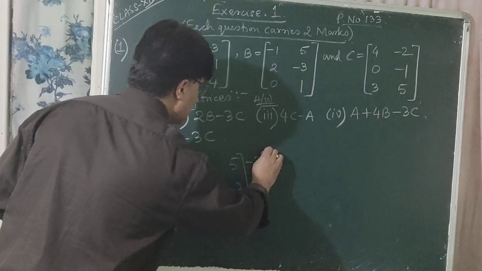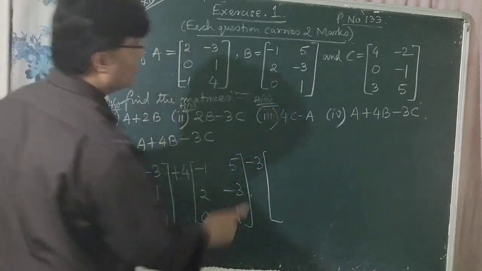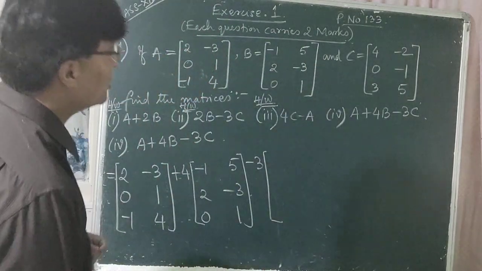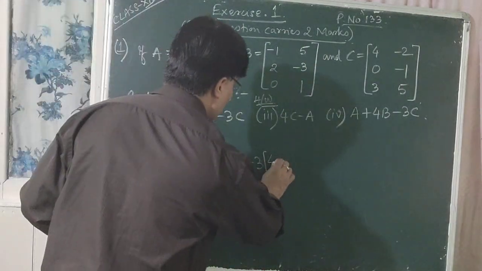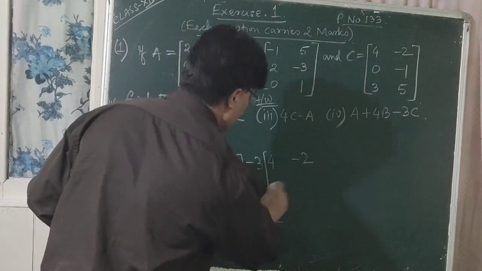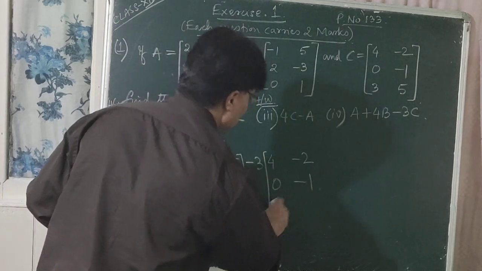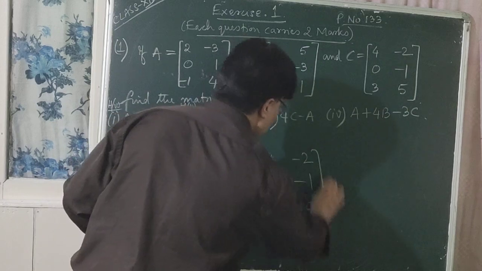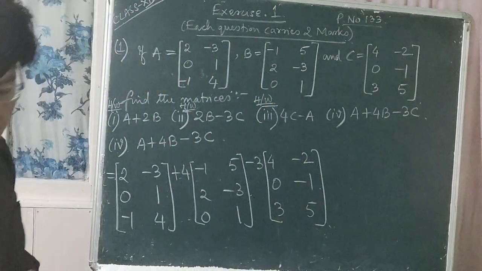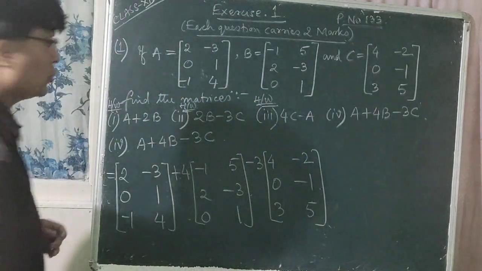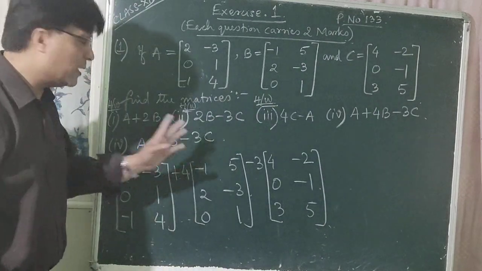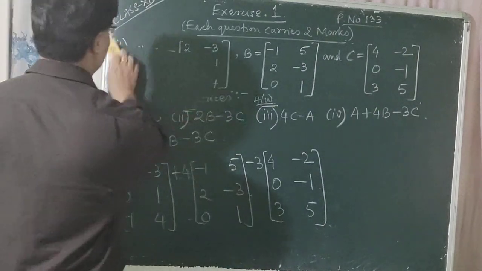Then write down minus 3 into, what is the matrix C here? 4 minus 2, then next 0 minus 1 and 3 5. So this is the given matrix. Okay, so you have to find out A plus 4B minus 3C.